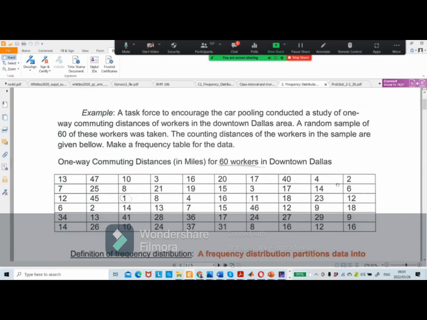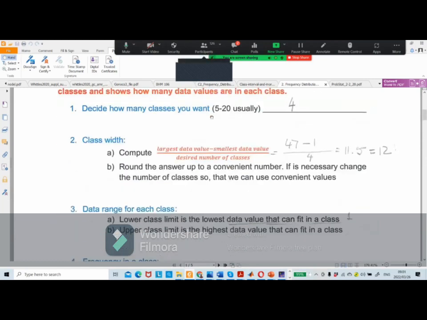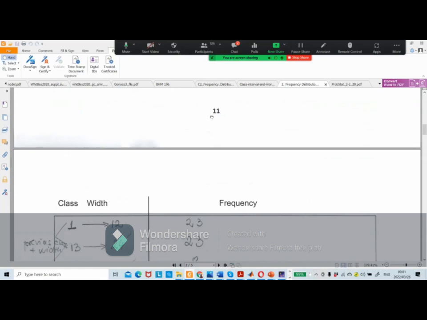The highest value is what? 47. Good. The highest value is 47. Now, what is the lowest? 1.